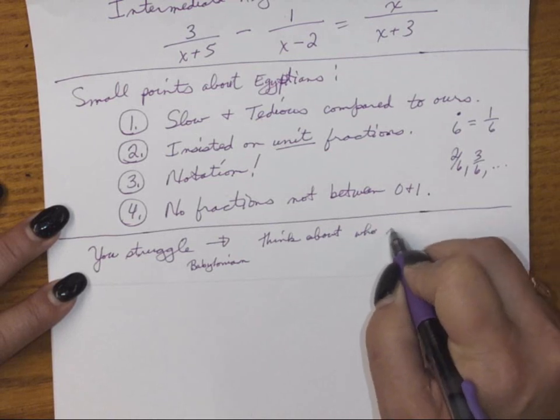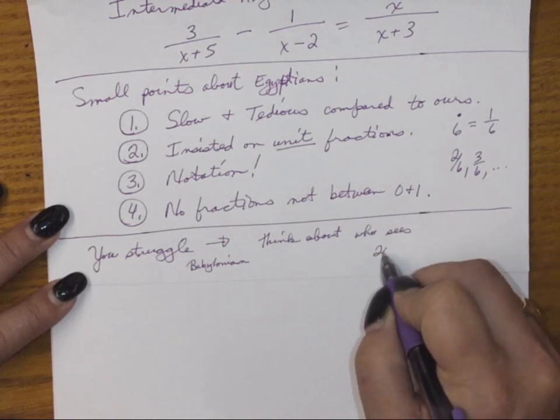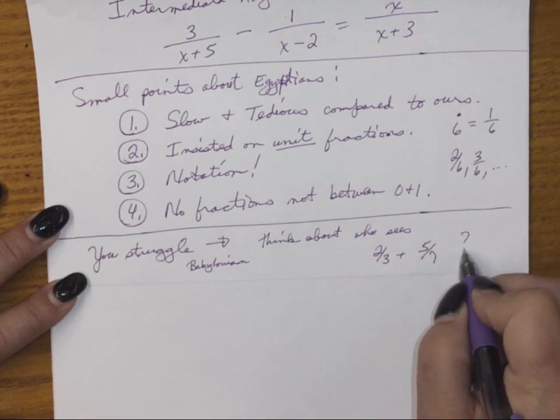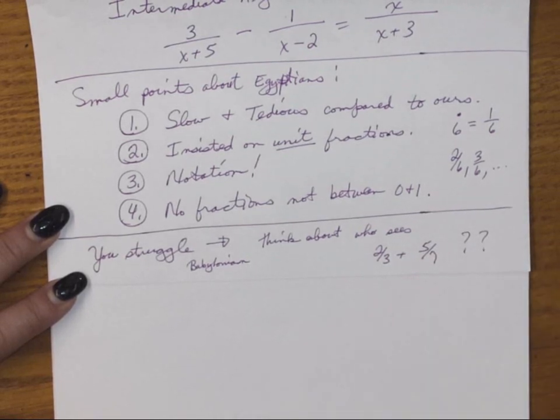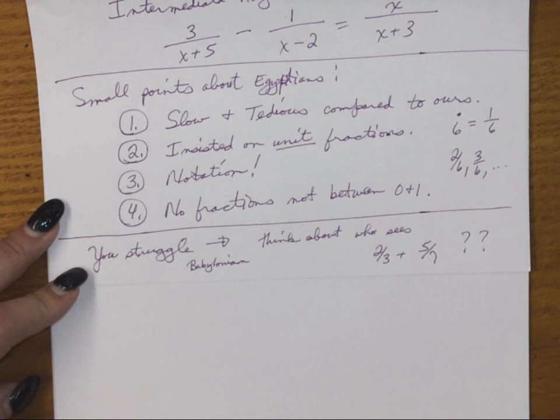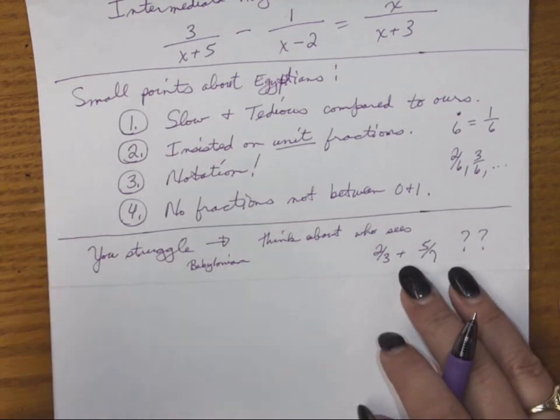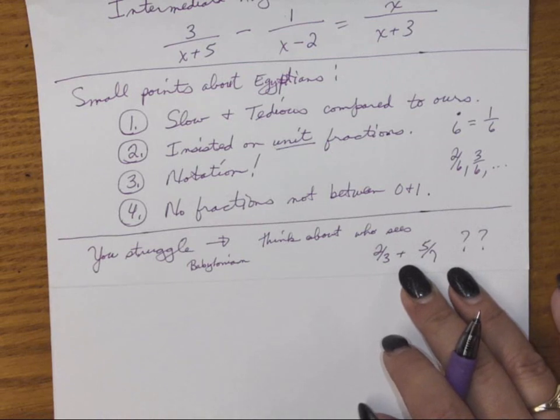What about a student who sees 2/3 plus 5/7 for the first time? And you want them to just take this and get a common denominator and then do this. Okay, that's true, but again, think about how the struggle is real for you if you're working with Egyptians and Babylonians and stuff like that.